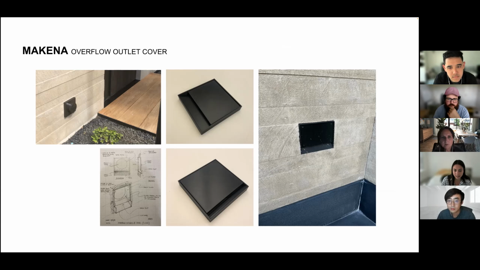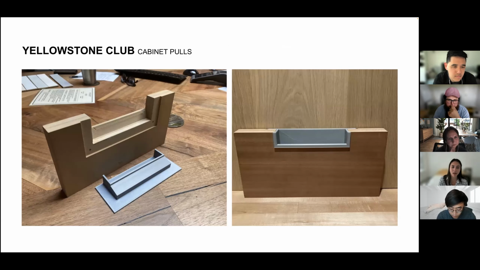And then last example, as some of you guys might know, I'm on the Yellowstone Club team along with Brooks, Clark, and DeJaneiro, and we've been heavily using the 3D printer for this project, specifically looking at the cabinet pulls. We, from the start, were interested in doing a custom cabinet pull, and it's been an amazing tool along the way to figure out lots of things. For example, the interior dimensions of the pull and making sure your fingers fit and adjusting that as needed.